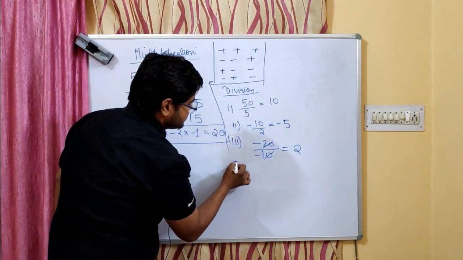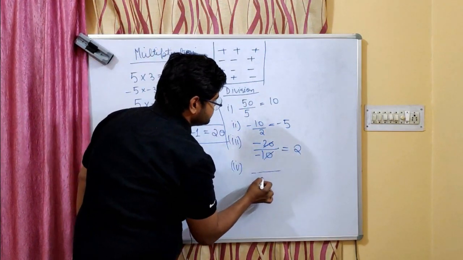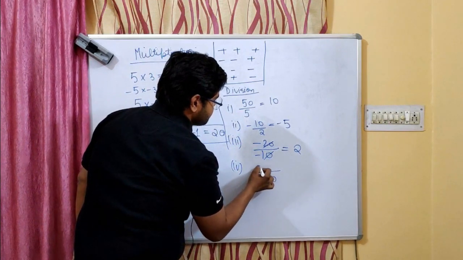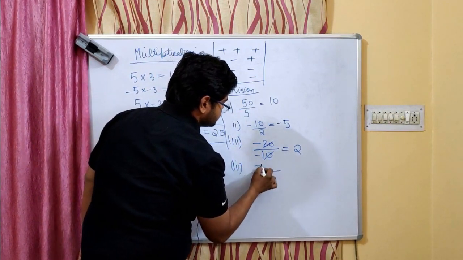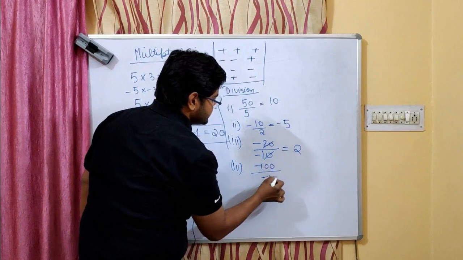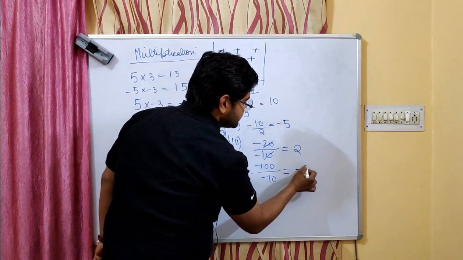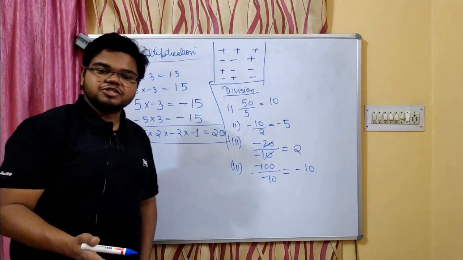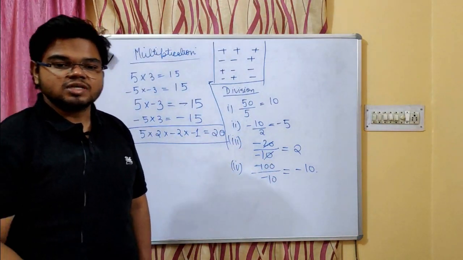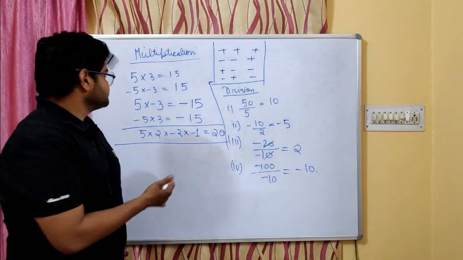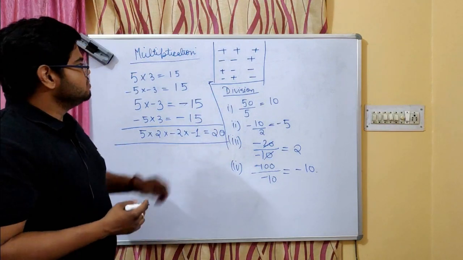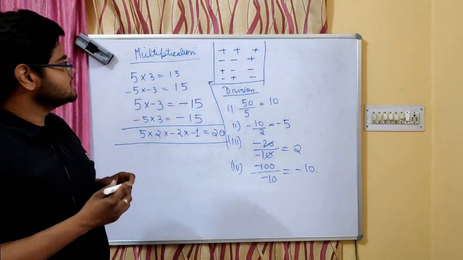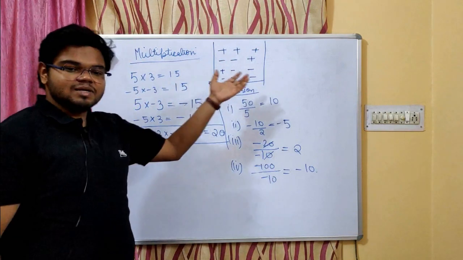If the denominator is negative only, then it will still be negative. So multiplication and division follow the same rules in integers. So plus plus plus, minus minus plus, plus minus minus, minus plus minus.